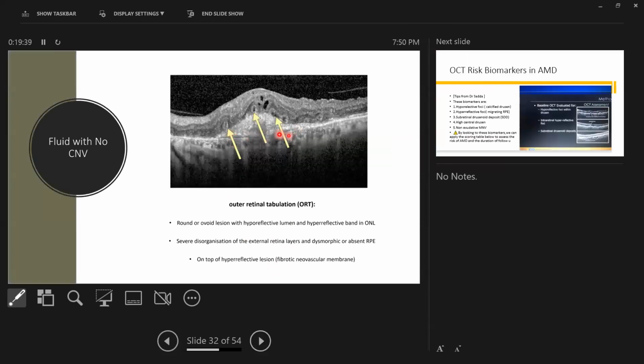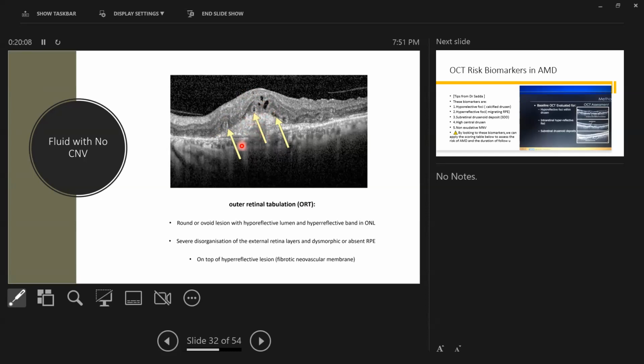Now, sometimes we can identify, over the area of hyperreflective lesion or subretinal hyperreflective material, areas of lesion with a hyperreflective wall like this. We call this outer retinal tubulation. It represents detached, disorganized photoreceptors, and sometimes they are mistaken for edema.